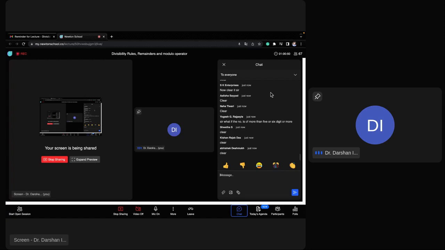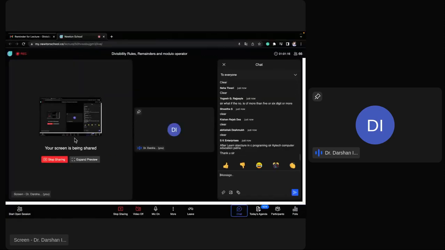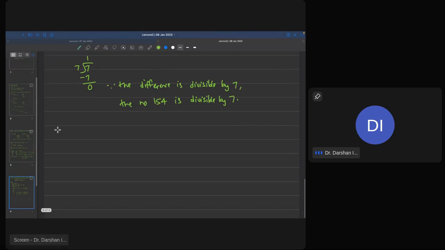So I say, let's say I consider a bigger number. Okay, I'll do it here only. What is the logic over here? This time I'll not write in detail, I'll write in short. 4172, right? 4172 is divisible by 7.